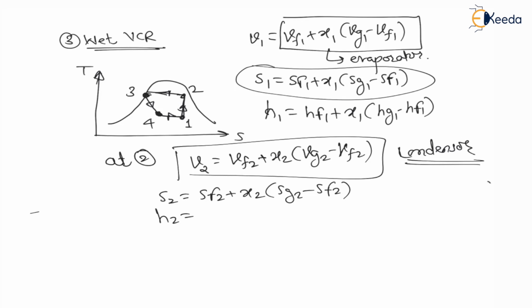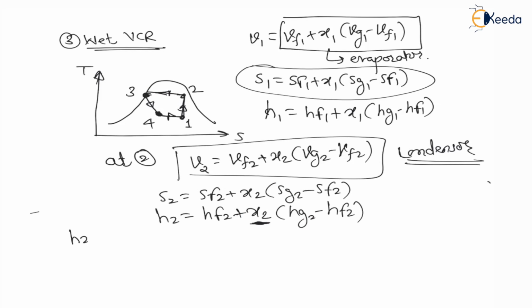Similarly H2 is HF2 plus X2 times Hg2 minus HF2, where X2 is quality at 2, that is dryness fraction at 2, and SF2, HF2, Vf2, Vg2, Sg2, Hg2, all these values we have to check at condenser pressure, right?